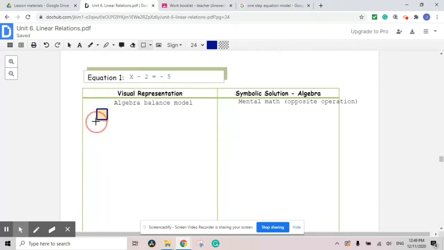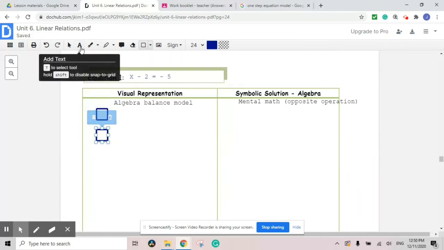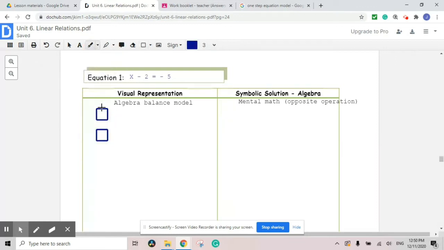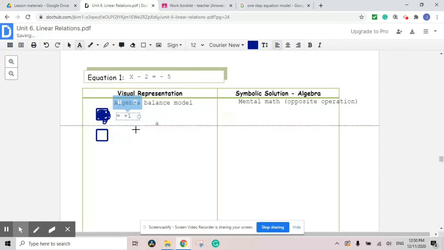We are using some tiles. If you have a small square that is colored, you can think of that as positive 1.